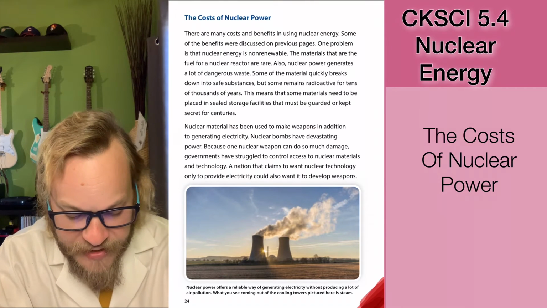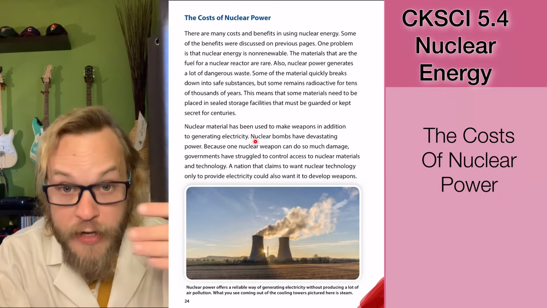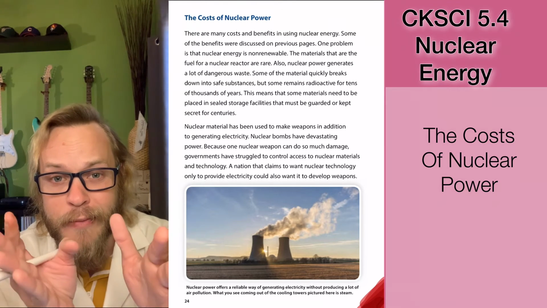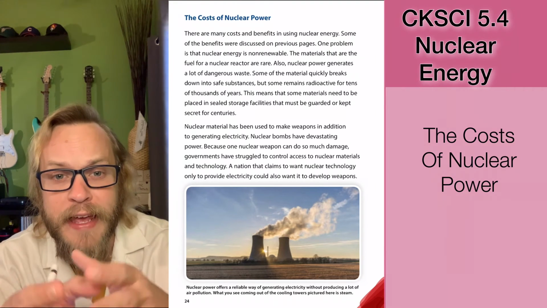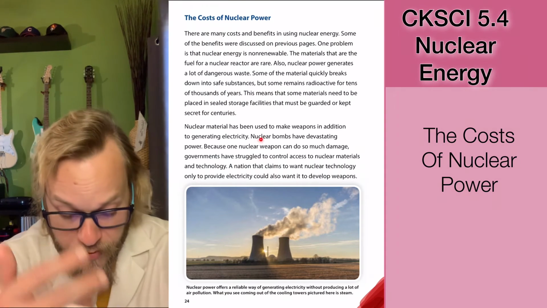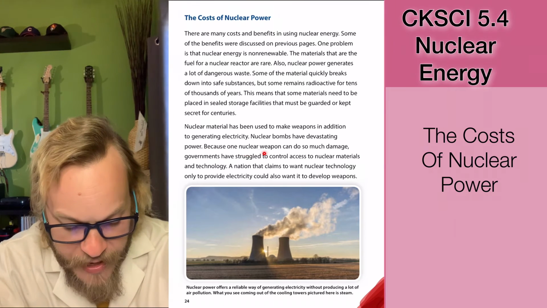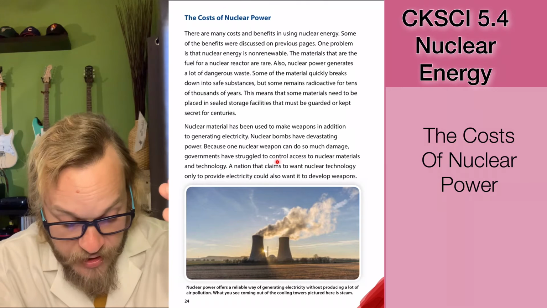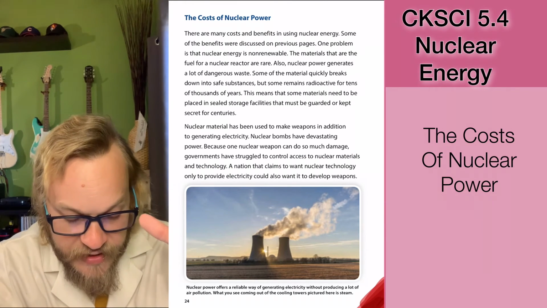Nuclear material has been used to make weapons in addition to generating electricity. Nuclear bombs, like we learned about at the end of Sylvie and Aki, that were dropped on Hiroshima and Nagasaki, are a result of the same kind of reaction that powers these nuclear power plants. Nuclear bombs have had devastating power. Because one nuclear weapon can do so much damage, governments have struggled to control access to nuclear materials and technology.